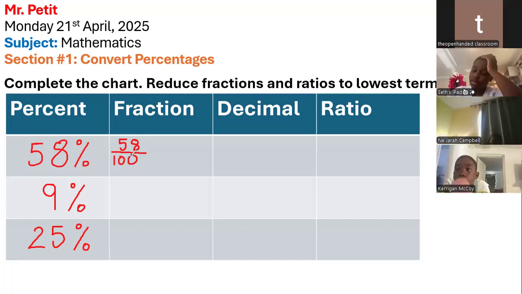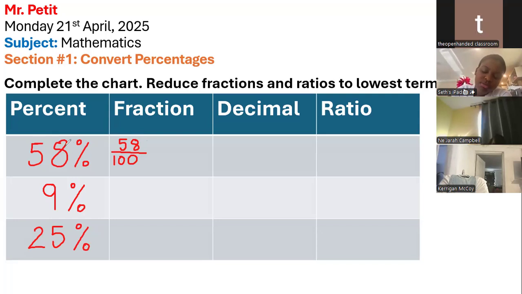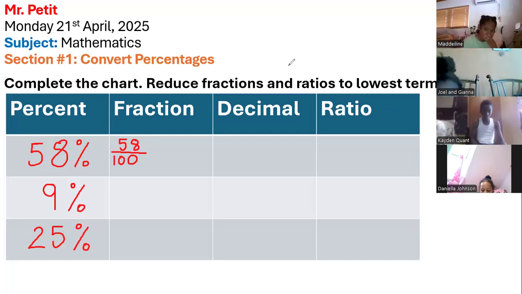But class, am I done with this fraction yet? I took 58% and changed it into a fraction. Is it in lowest terms as yet? Anyone? Can it be simplified?